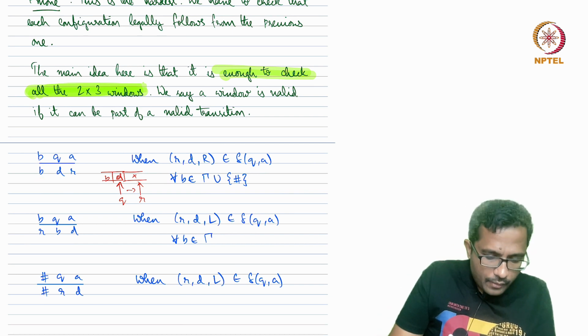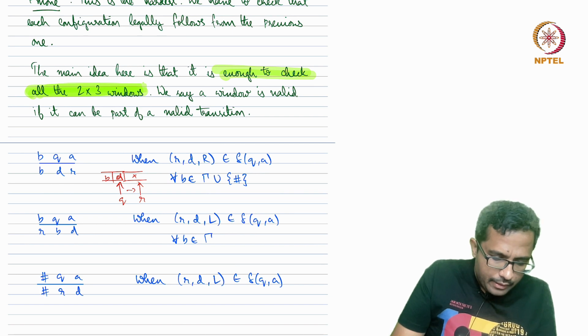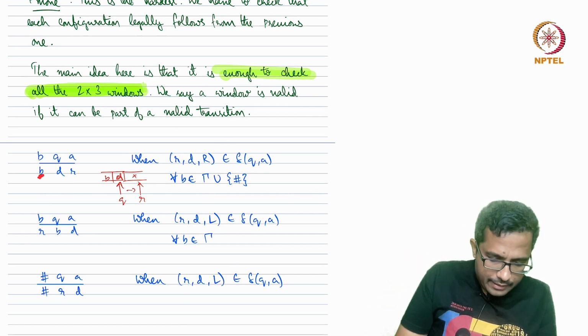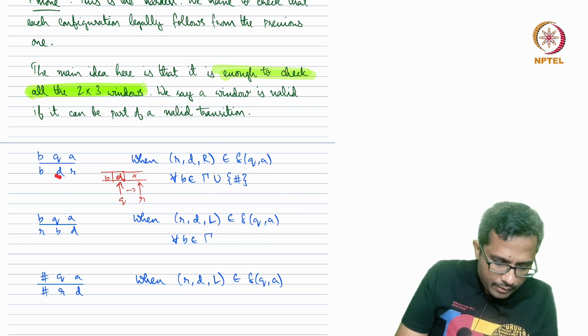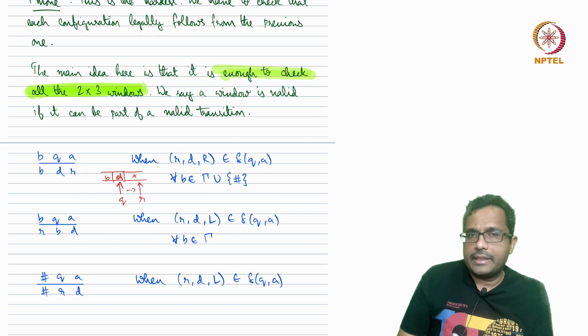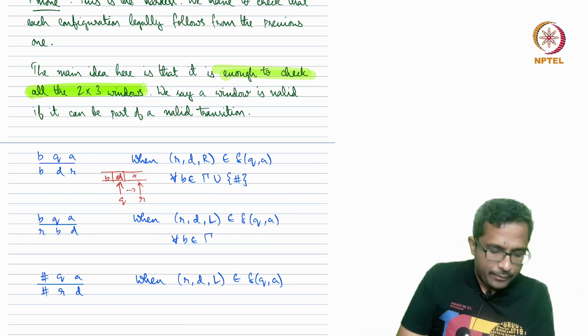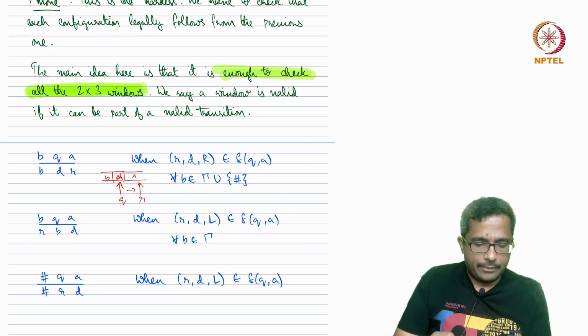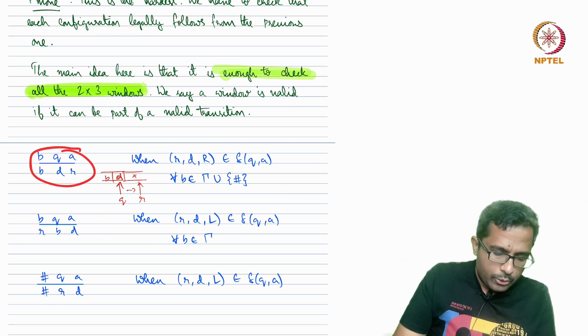So when this happens, the first row had B Q A, and after one step, the B remains as it is, the A becomes D, and the tape head moves one step to the right, and you have R. Whatever the tape head is pointing at will be here, but that is not part of the 2 by 3 window. That will get captured in the window when we move to the next step. So this is a valid window, B Q A over B D R.